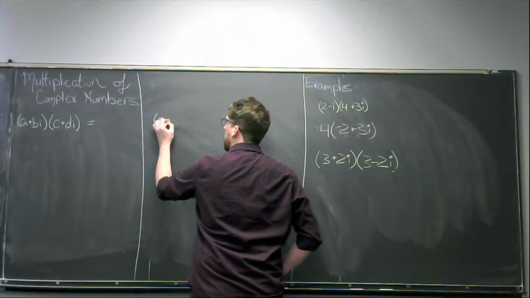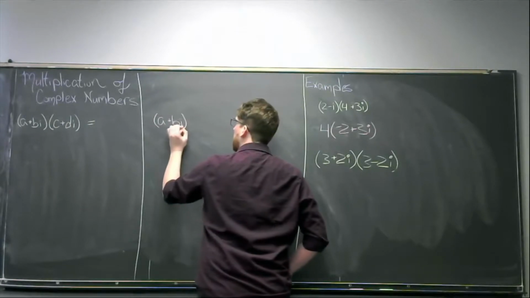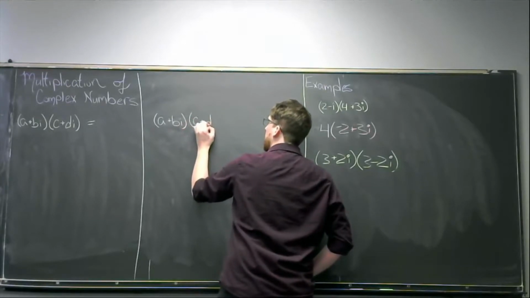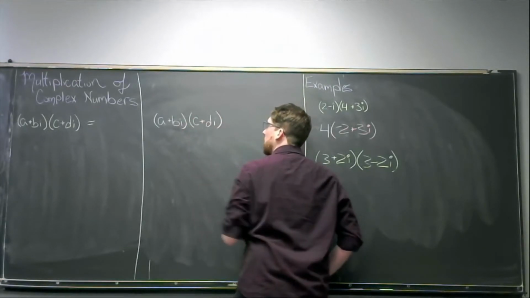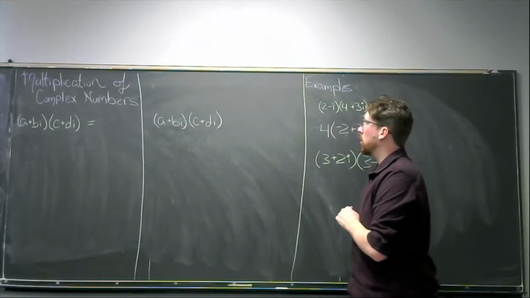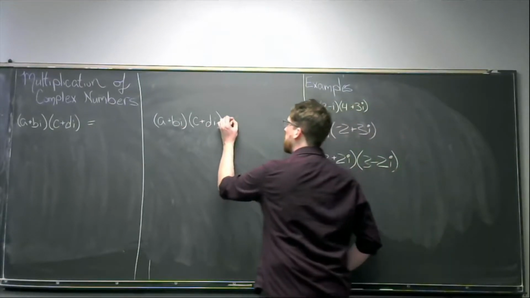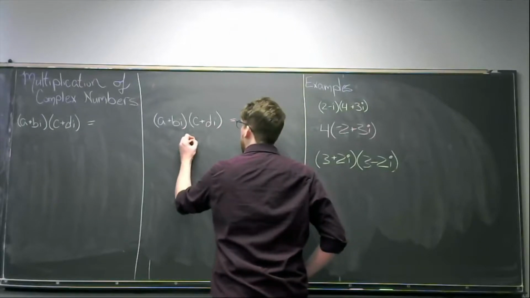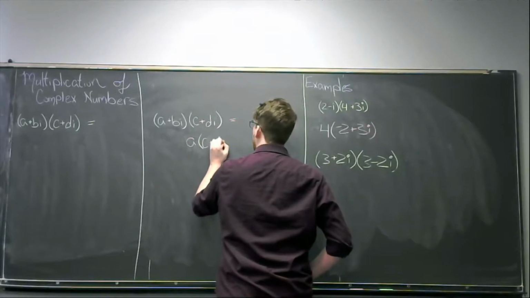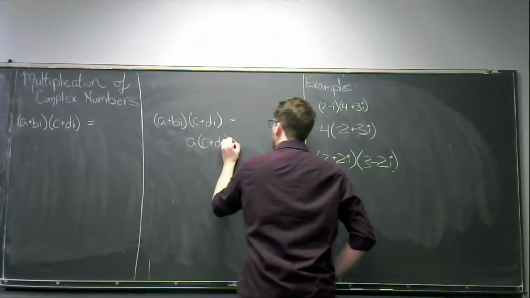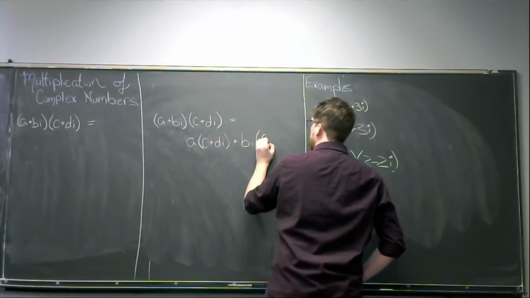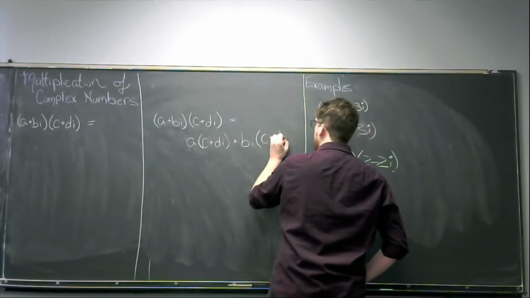We're going to say a plus bi times c plus di. Now, if this were a normal polynomial, we'd want to FOIL it, right? So let's do that. a times c plus di plus bi times c plus di.